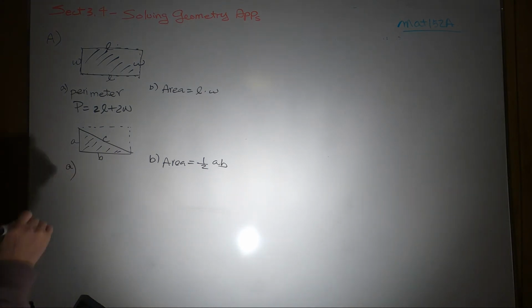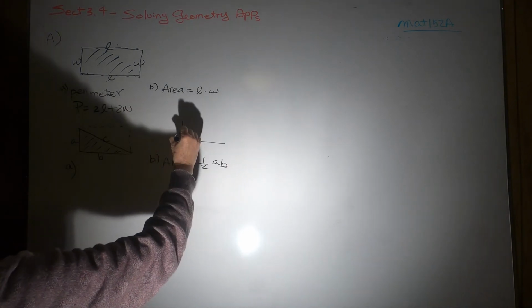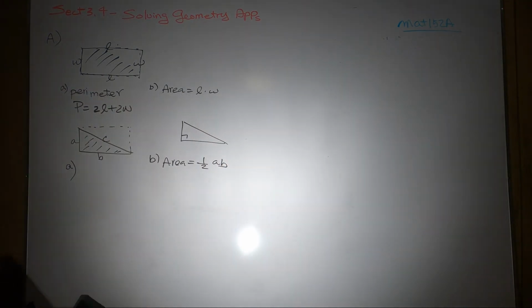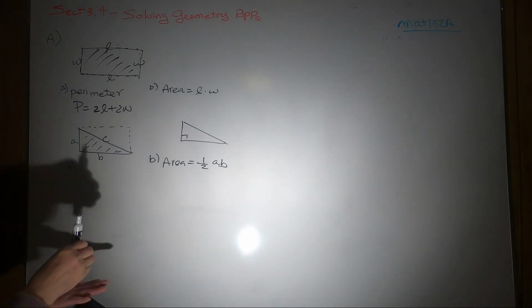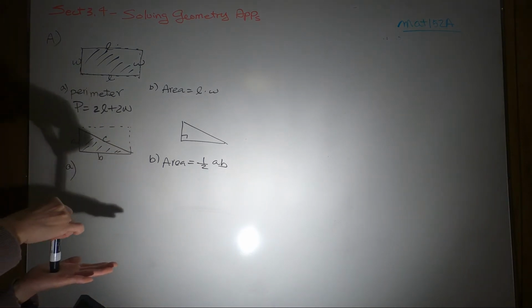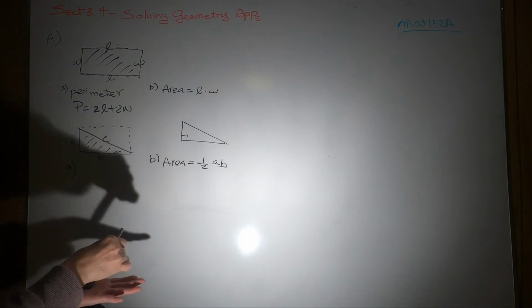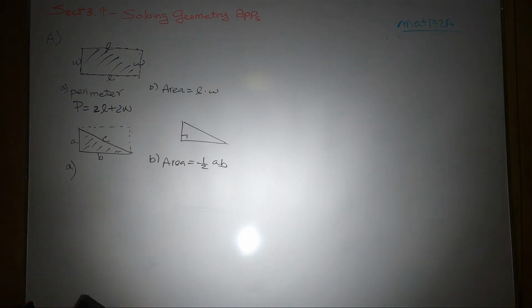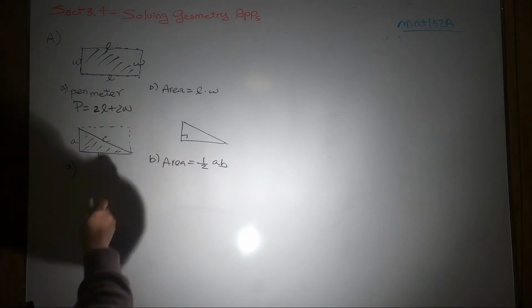Then the right triangle is very important for everything in geometry, right? Because if we want to stand straight, it has to be a right triangle. Otherwise your house will tilt. So everything is based on the right triangle.